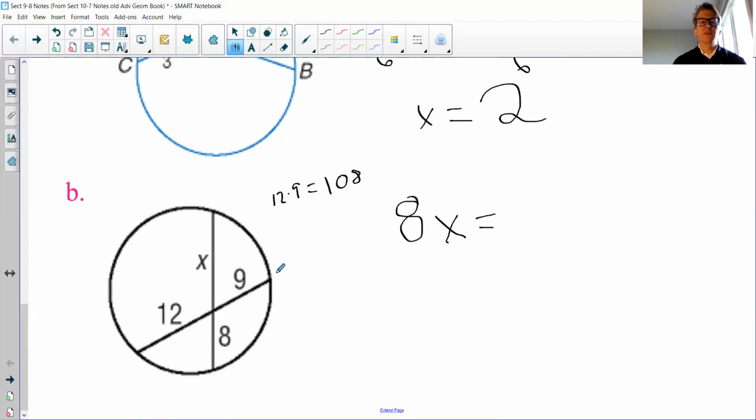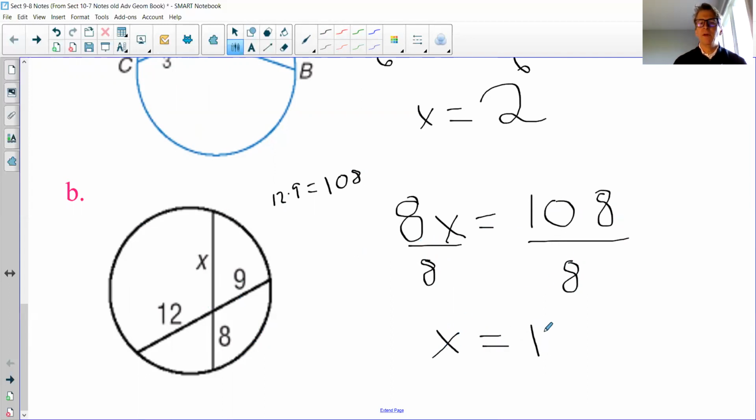Now we're going to divide by 8 on both sides of the equation, and you're going to have x is equal to 13.5. And that is page 1.